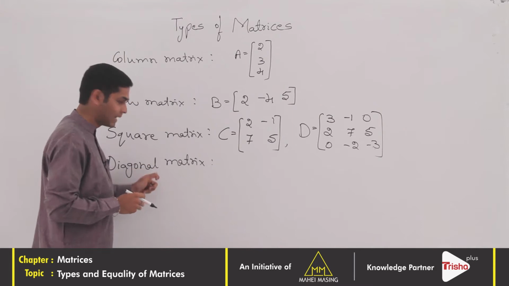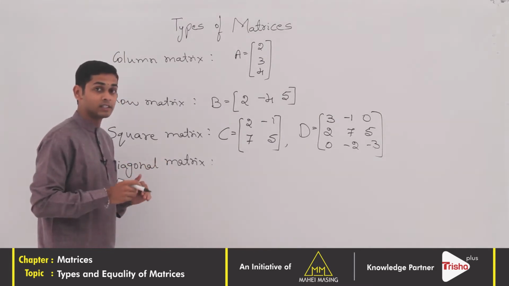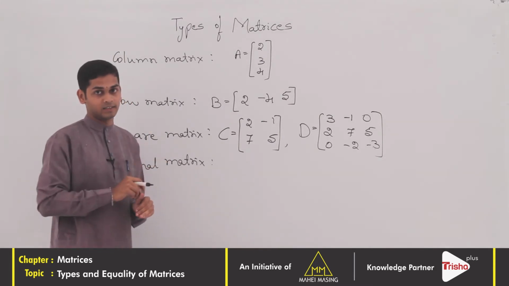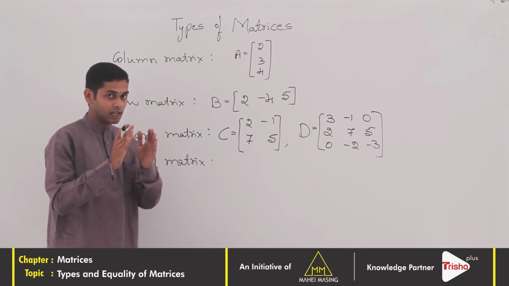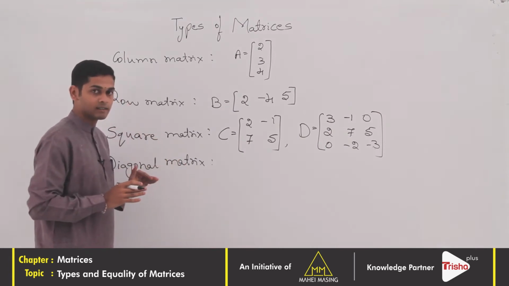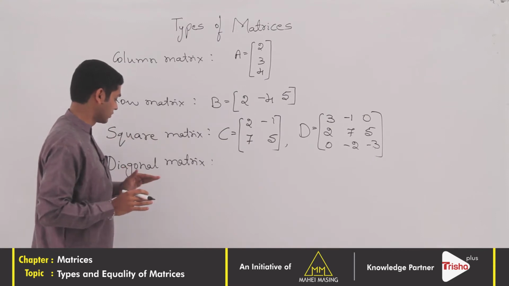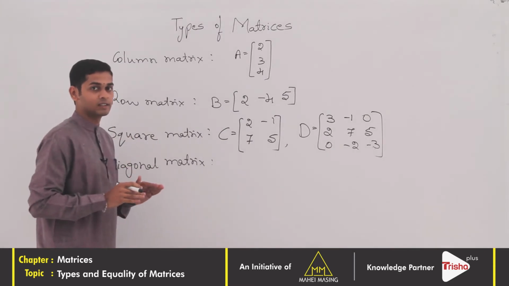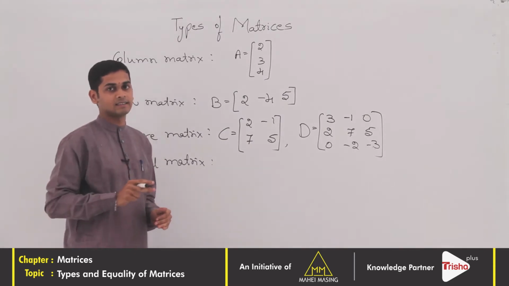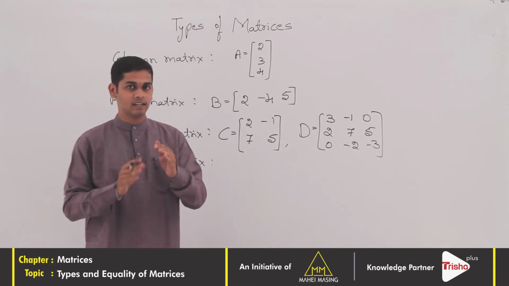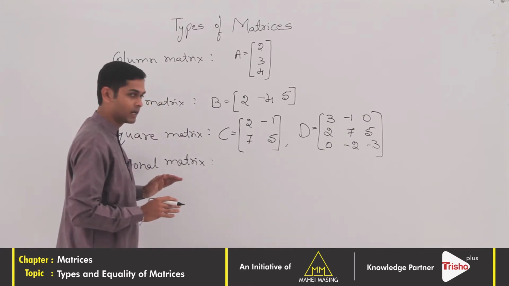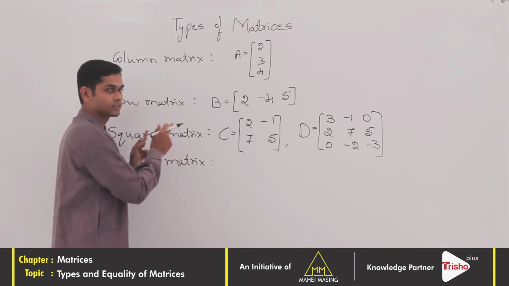It is not a matrix. Diagonal matrix, it should be a square matrix. You cannot define a diagonal matrix if it is not a square matrix. So, diagonal matrix is a square matrix. That is the basic condition, necessary condition of a diagonal matrix. It has to be a square matrix.